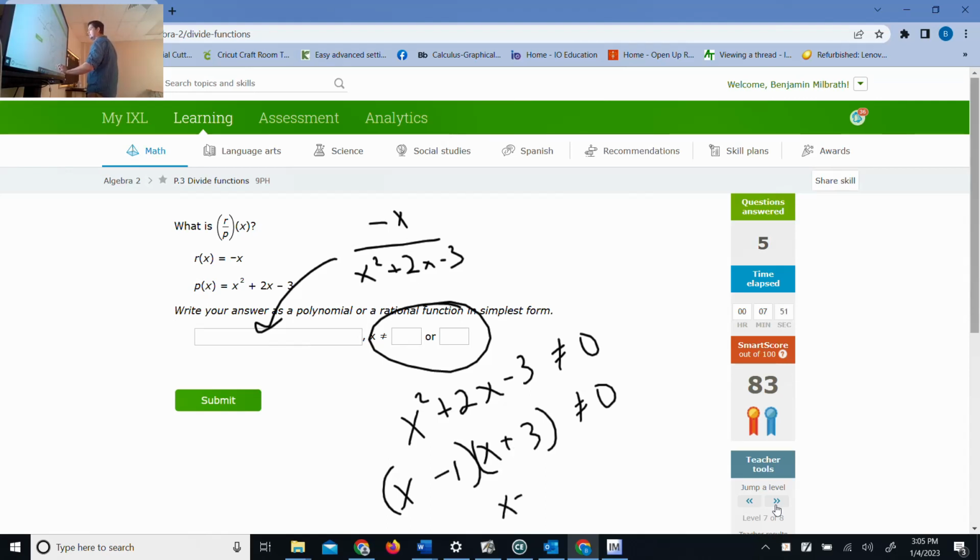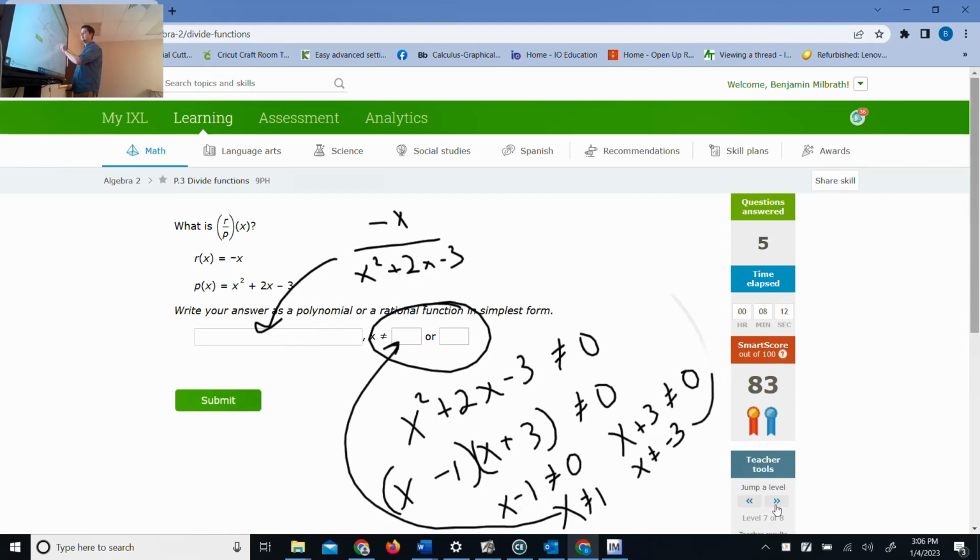And then I write my two equations using the zero product property. I guess in this case it's the not zero product property. This will tell me that x is not 1, and this will tell me that x is not negative 3. So just throw those right there, and you'll be done with it.